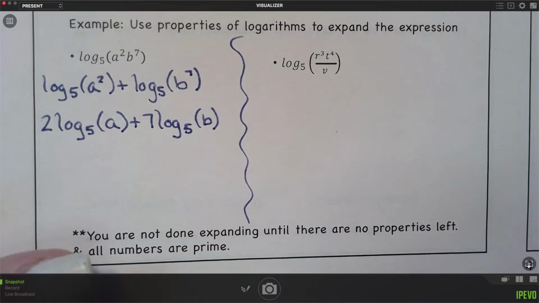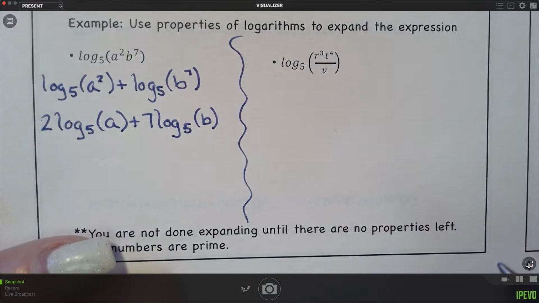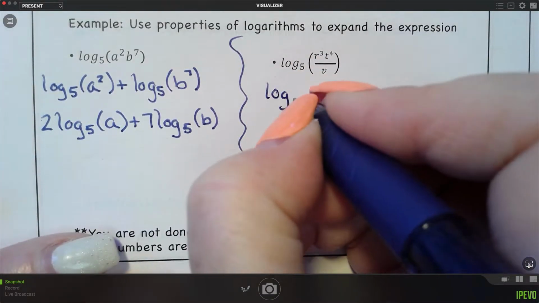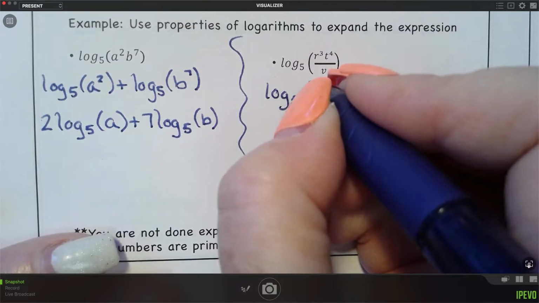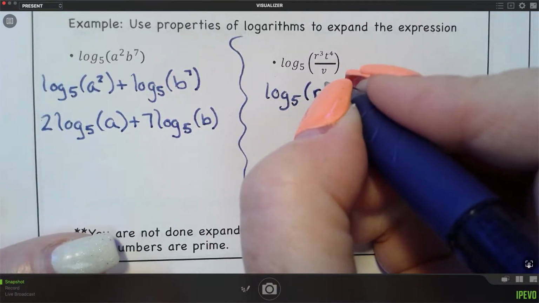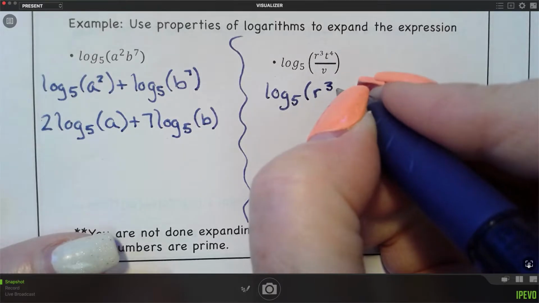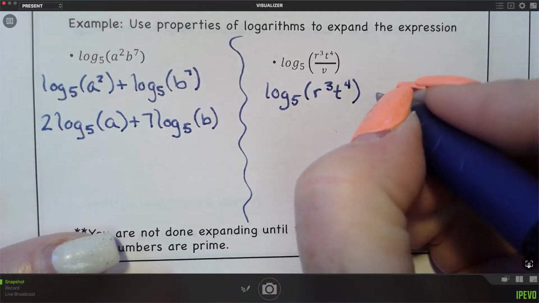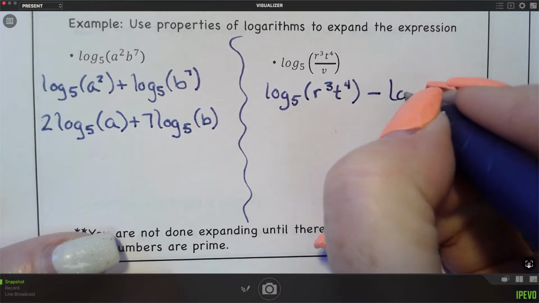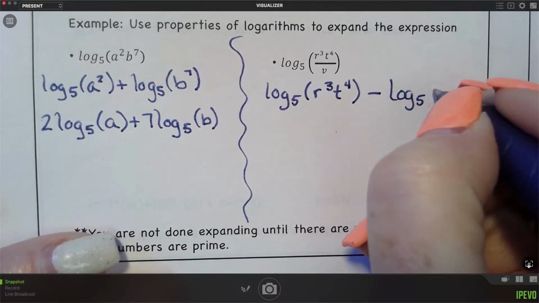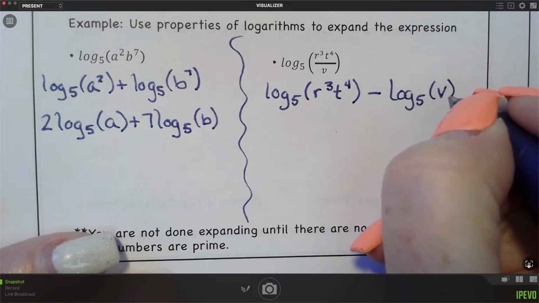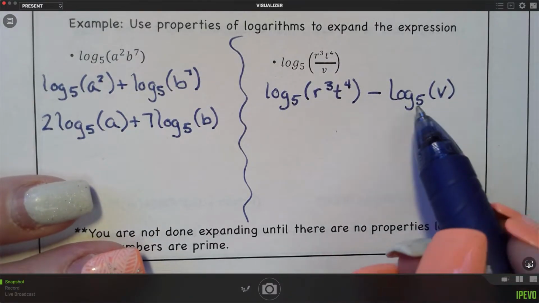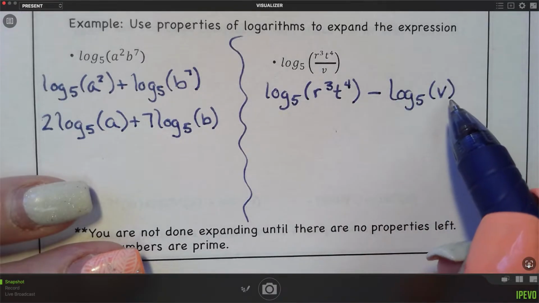So what do I do with division? Subtract. So log base 5 of R cubed T to the fourth, I'm going to take it in steps, minus log base 5 of V. The log base 5 of V is done, but this is not done.